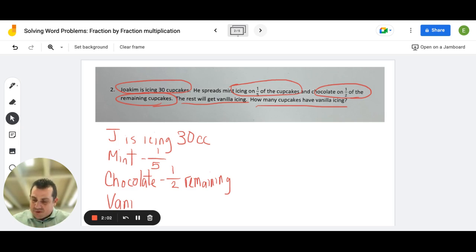So if Joachim is icing 30 cupcakes and he spreads mint on 1/5 of the cupcakes, well, then that looks pretty straightforward, that I have to do 1/5 of 30. Okay, so how do we do 1/5 of 30?